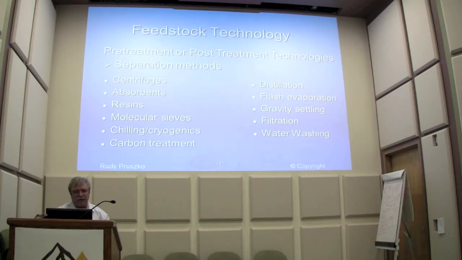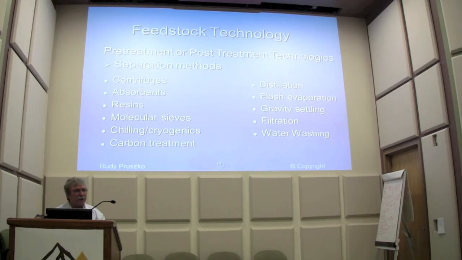Some separation methods are centrifuges, absorbents, resins, molecular sieves. Some places are using that to purify the methanol. You can use chilling to take out the waxes and improve the cold flow properties of your biodiesel. Carbon treatment for color and other impurities. Distillation to purify your methanol and or your biodiesel.